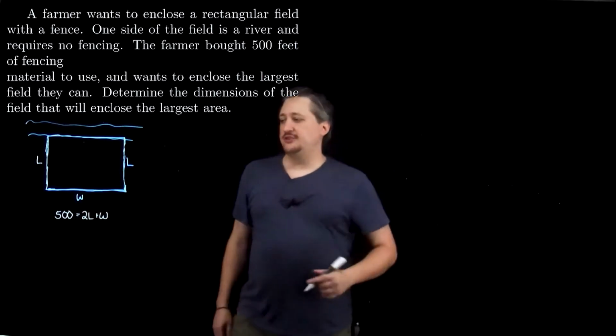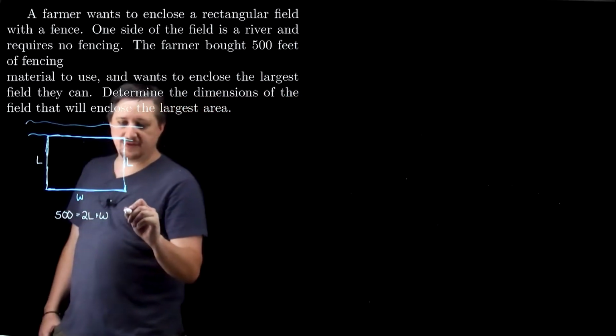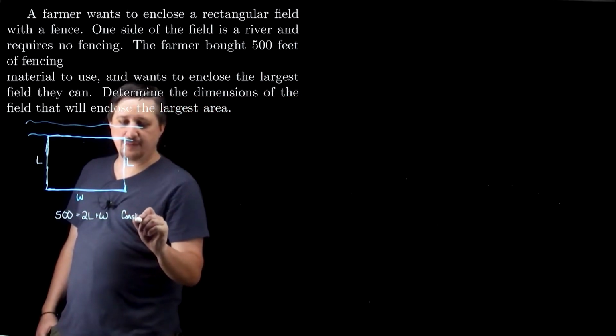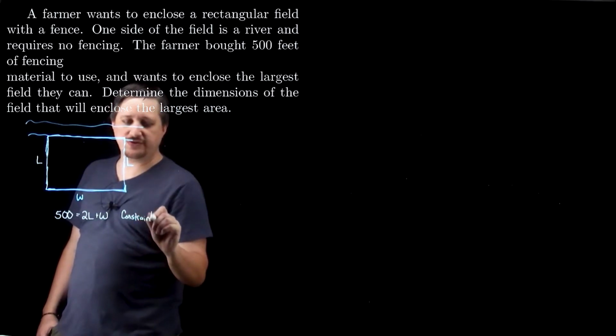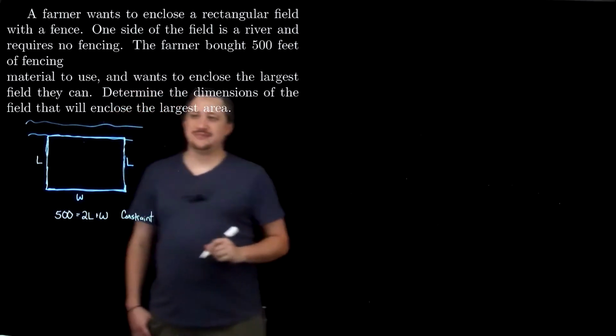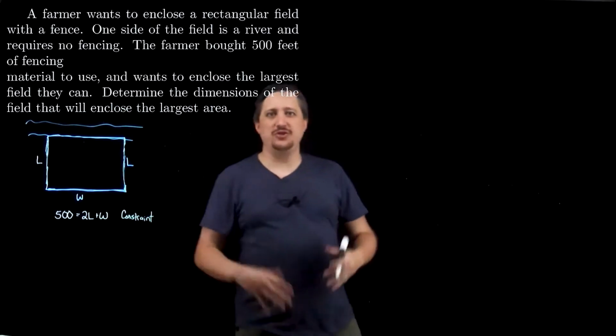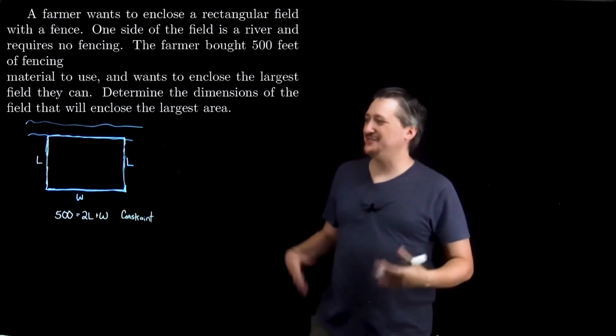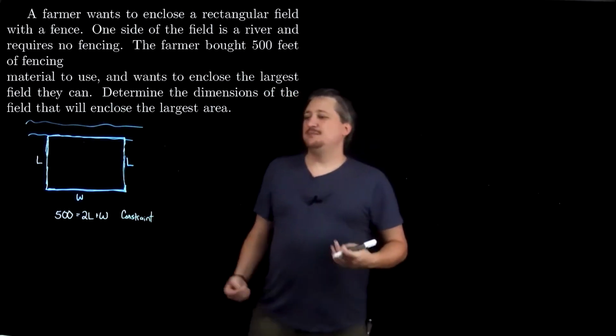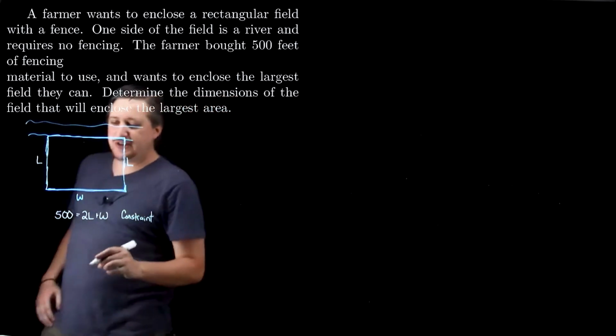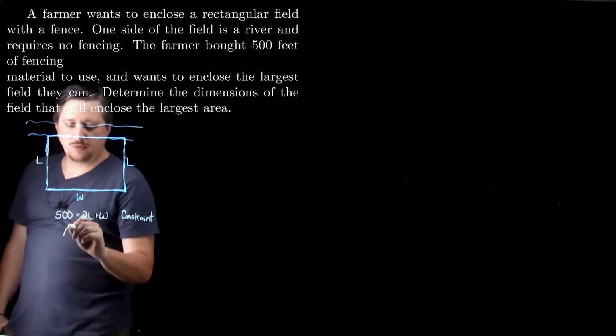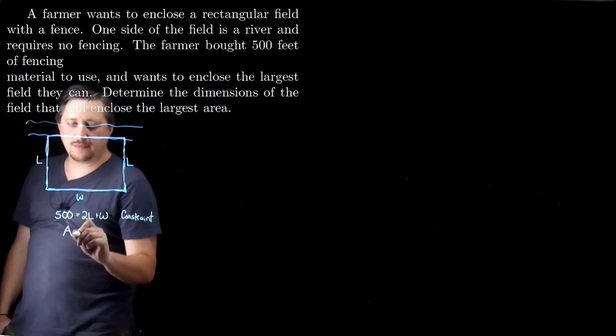So this is our constraint, right? This is the thing that's stopping us from going crazy and just enclosing the world in our fence. We only have so much fencing. But the thing that we want to achieve is the area. We want to maximize the area.